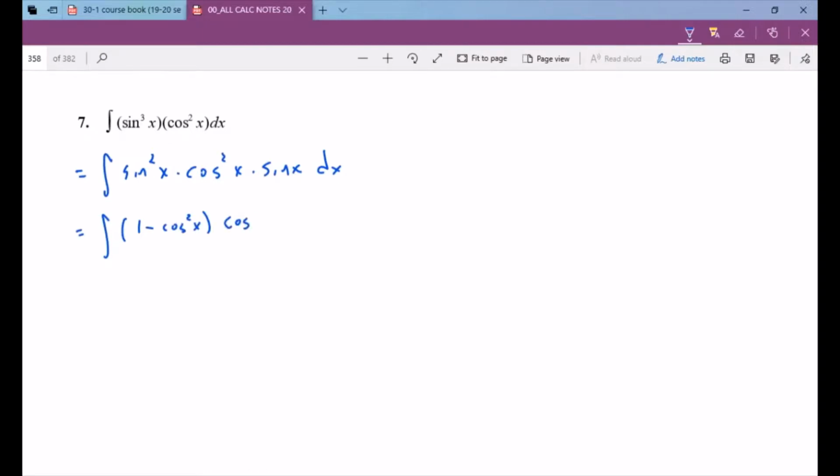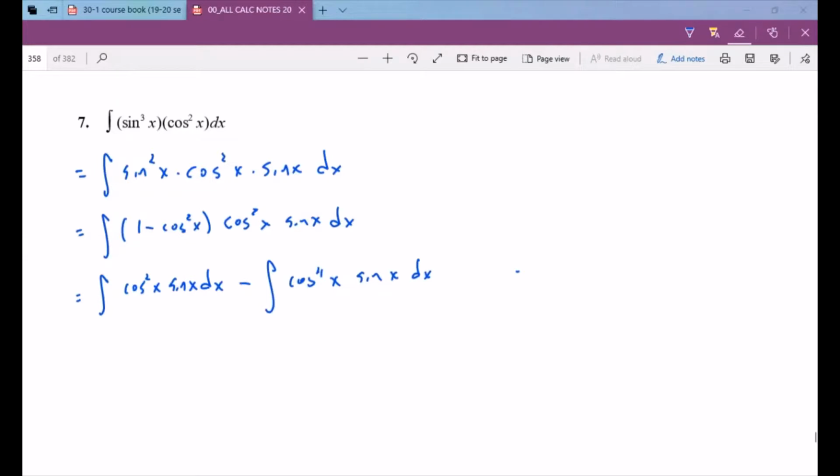That's multiplied by cos squared x sine x dx. Distributing that across that binomial is the integral of cos squared x sine x dx, and then I'm going to subtract the integral of cos to the 4 x sine x dx. Just breaking that apart now into two integrals.